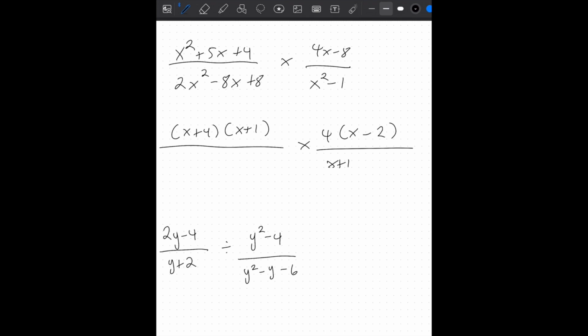This is x plus 1, x minus 1. And then the bottom one, I can factor out a 2 first and have it be x squared minus 4x plus 4. And that can be broken down to be x minus 2 squared. And I'm just going to replace this with that.